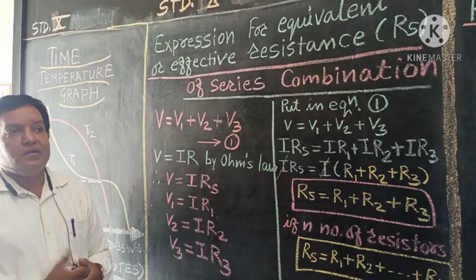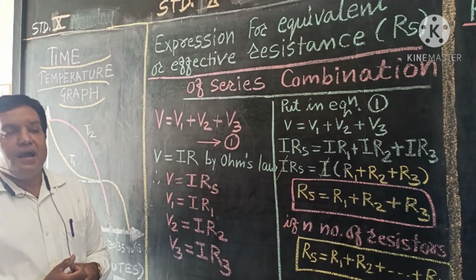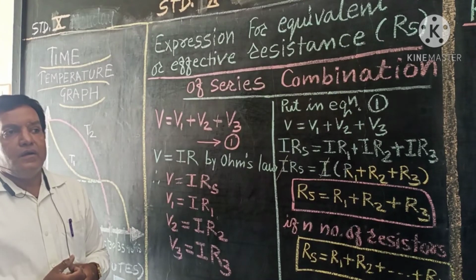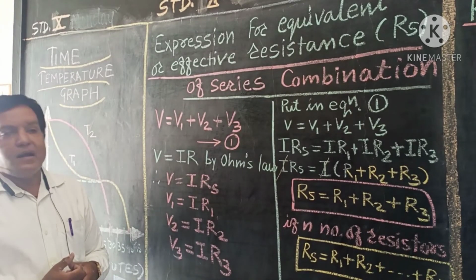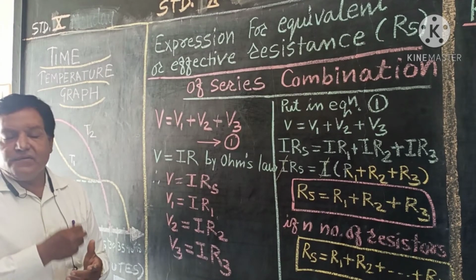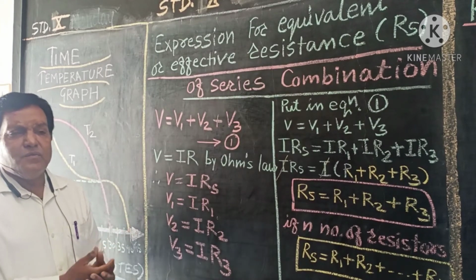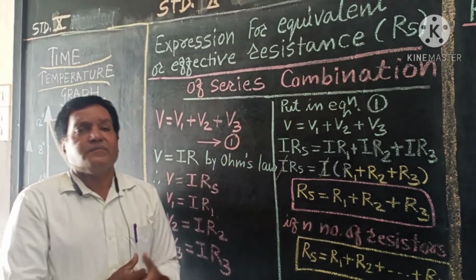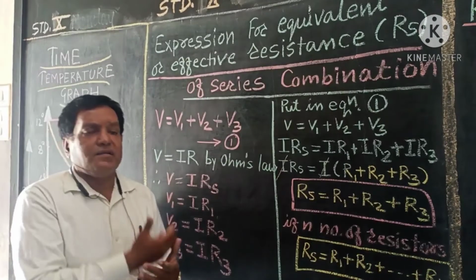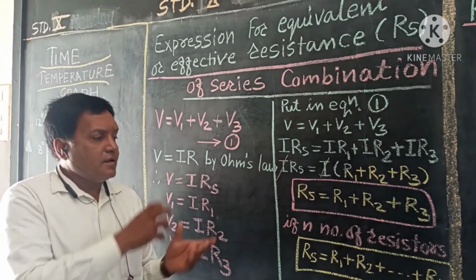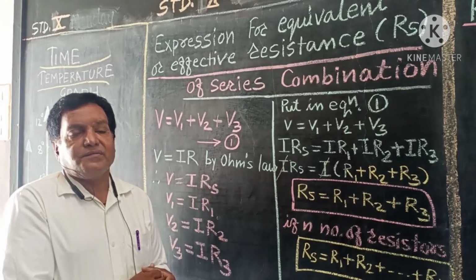Whatever application we have, if we require the current to be less, then we can use more resistors in the same pattern, back to back, one after another. Then the current will be decreased.